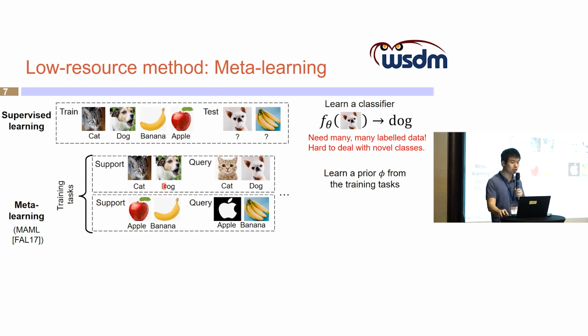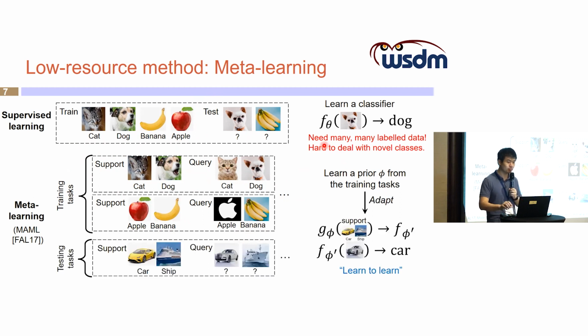It has a support set and a query set. The support set is like a mini training set within this task, and the query set is like a mini testing set. Given these training tasks, we don't learn a classifier directly. Instead, we learn a prior. This here is a prior that we learned from the training tasks.